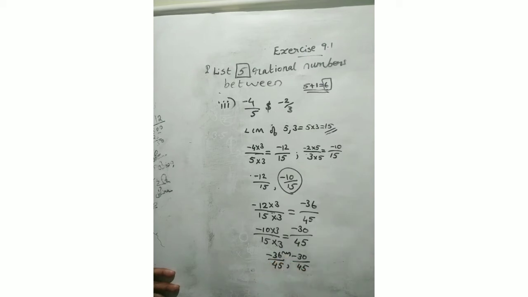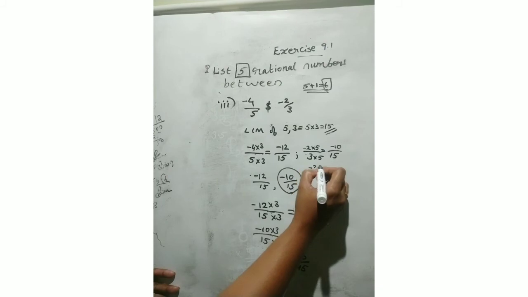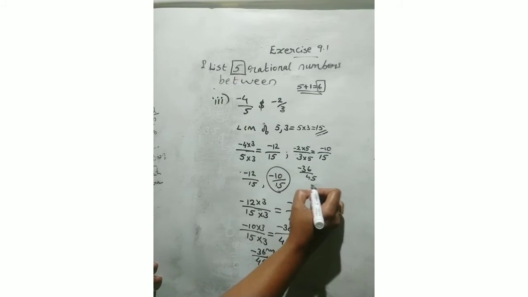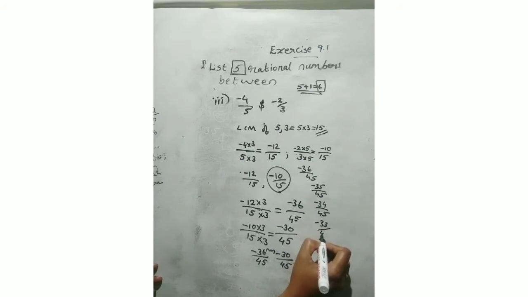Now we can write some rational numbers between negative 36 on 45 and negative 30 on 45. How can we write? Here, negative 36 on 45, then negative 35 on 45, then negative 34 on 45, negative 33 on 45, negative 32 on 45, negative 31 on 45, then last negative 30 on 45.